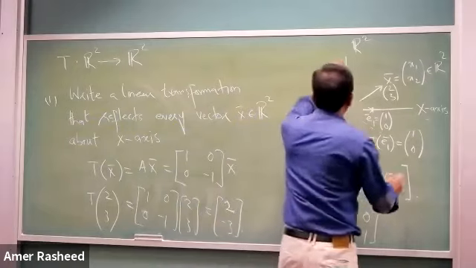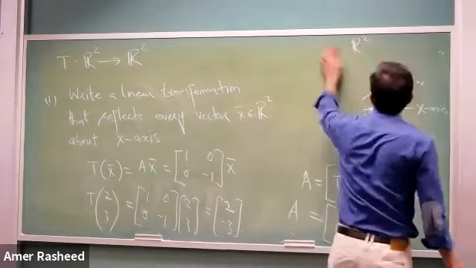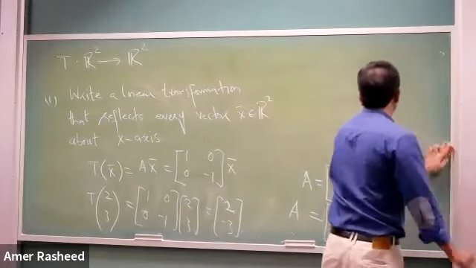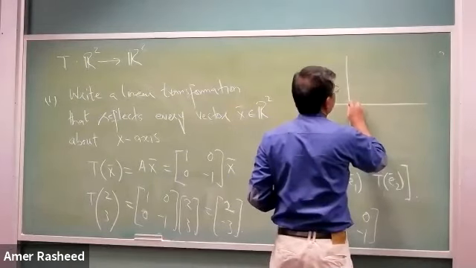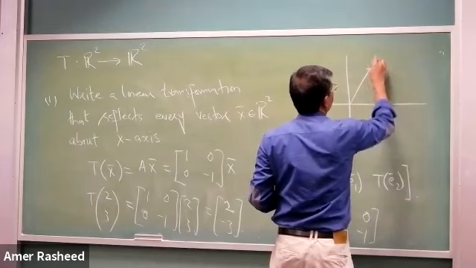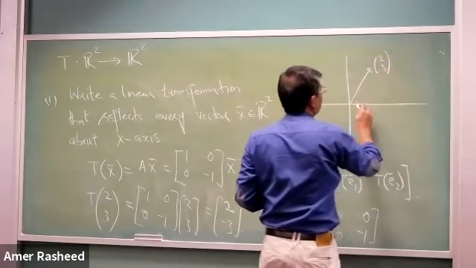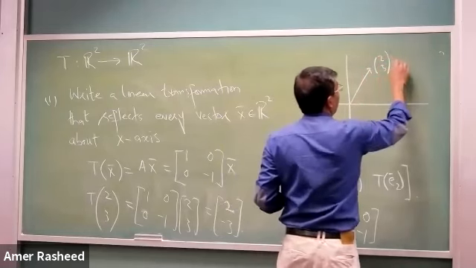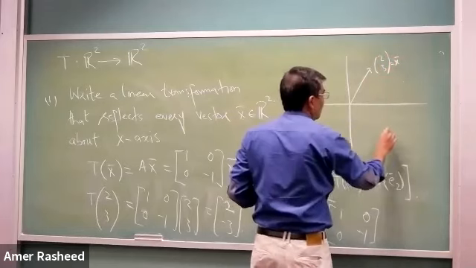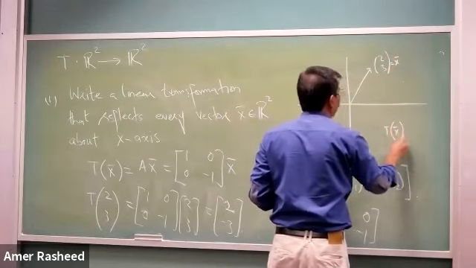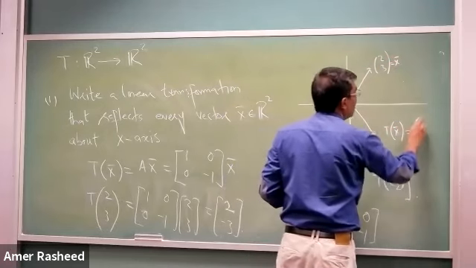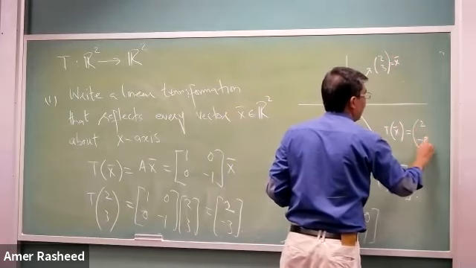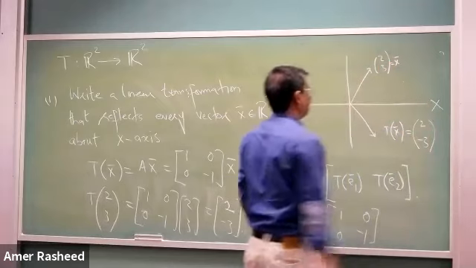Let me erase this so that I can show you clearly. So this is your R2, and you are taking the point 2, 3 here. This is your x vector. Now, what will be T of x? T of x will be the same vector, but reflected about the x-axis, 2, minus 3.